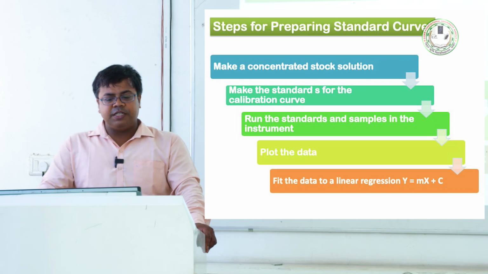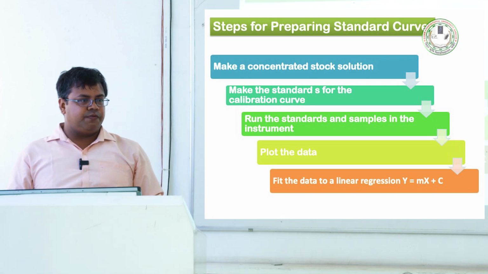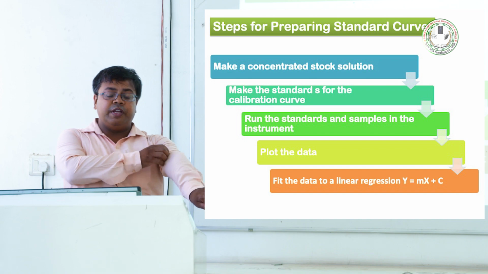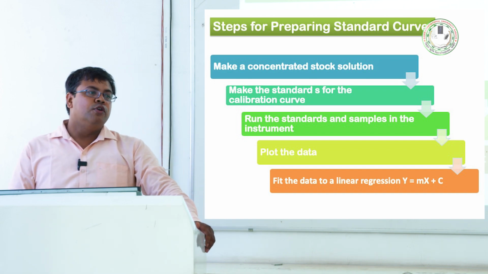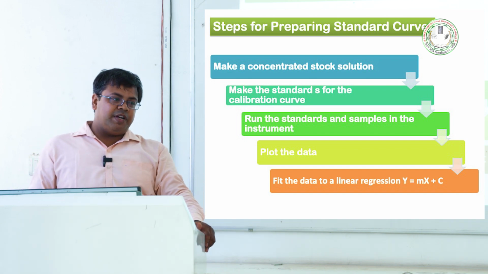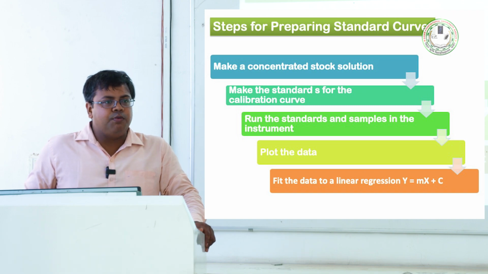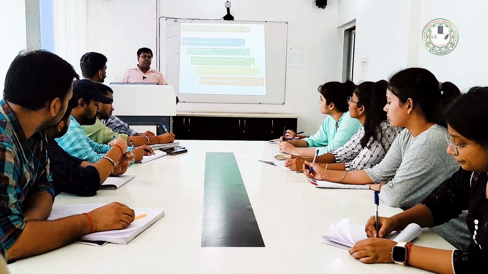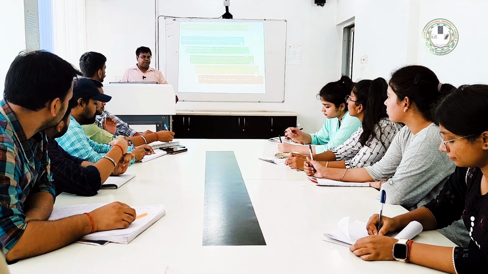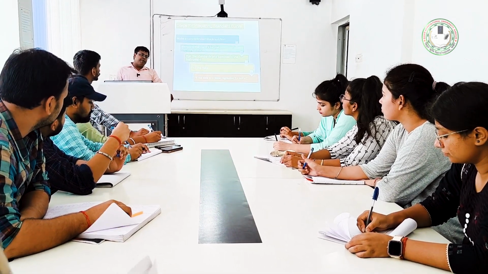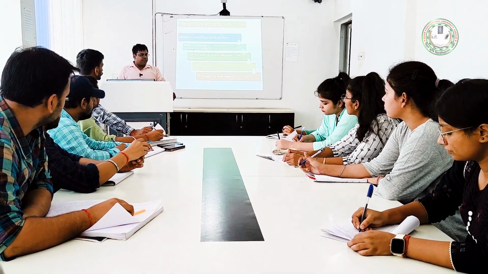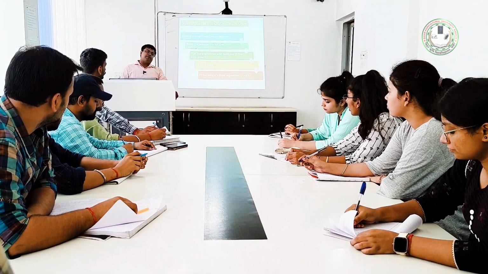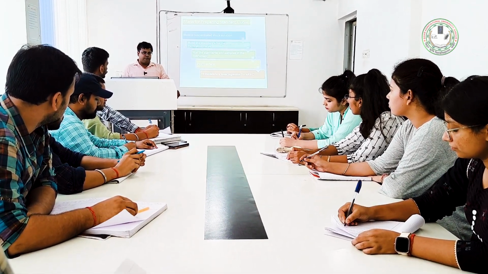So for the preparation of stock solutions during the preparation of the standard curve, we will use the primary standard. For example, if we want to prepare a stock solution of potassium, potassium may be obtained from potassium hydroxide, and also from potassium dihydrogen phosphate.